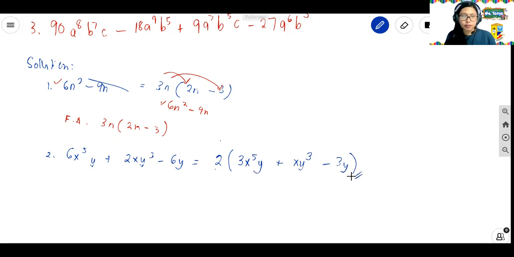Therefore, the factor of 6x to the fifth y plus 2xy cubed minus 6y is 2 times 3x to the fifth y plus xy cubed minus 3y.